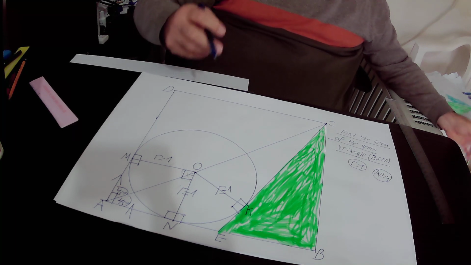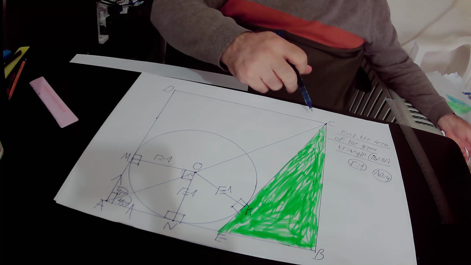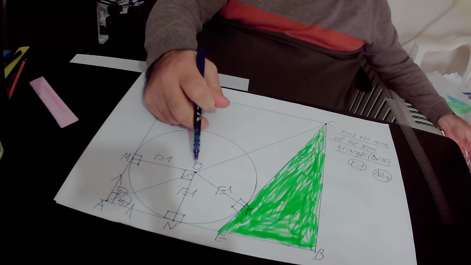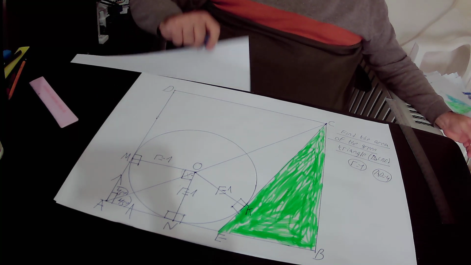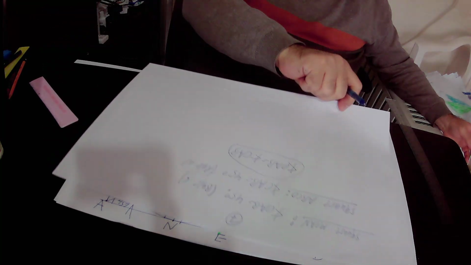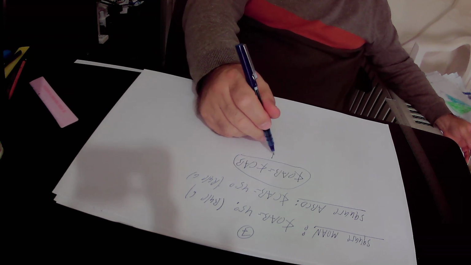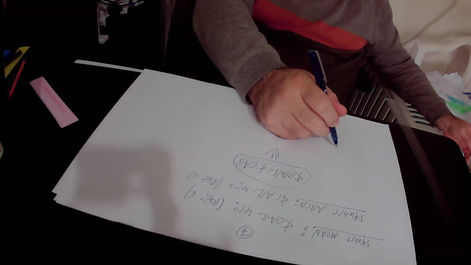They will never be equal to each other if diagonal CA does not pass through point O.